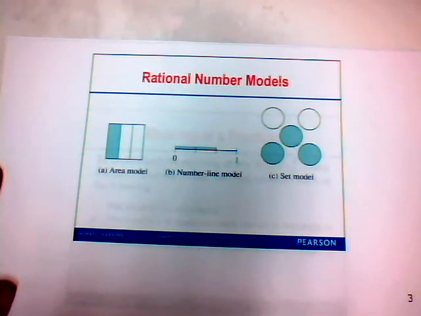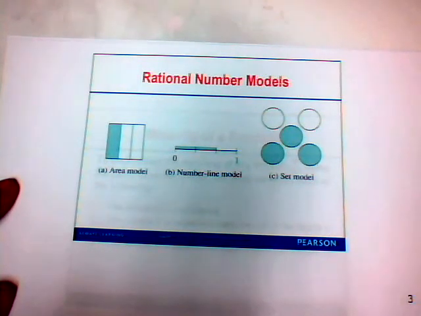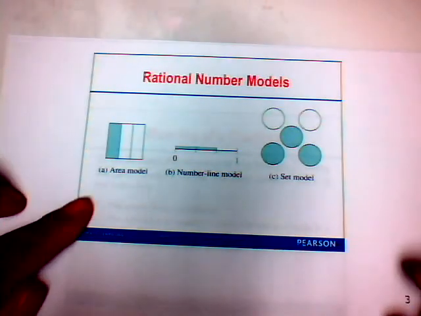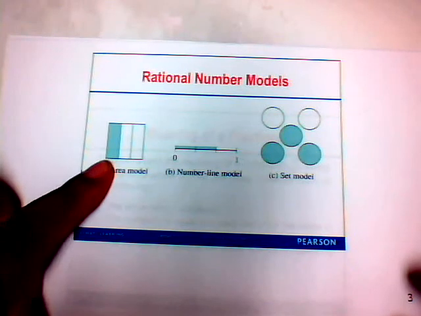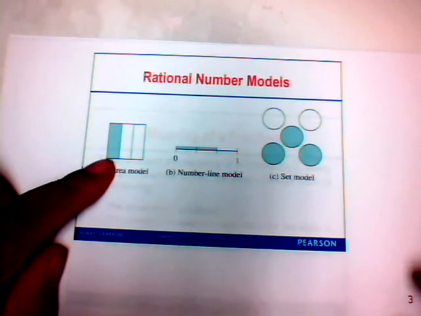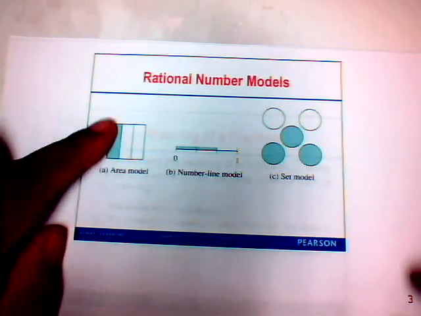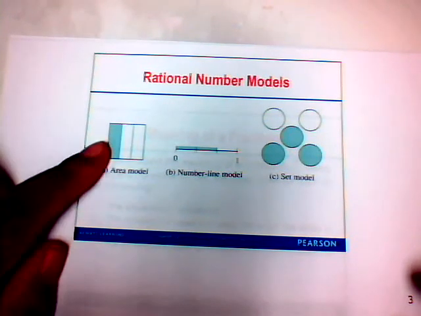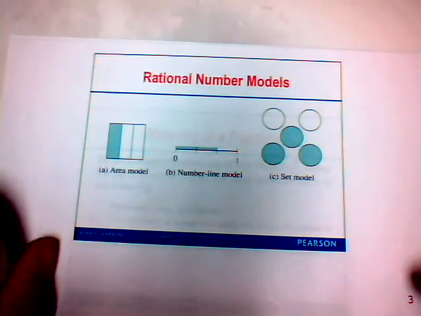Okay, and here are three different models for rational numbers. One of them is the area model. Here in this case, we've got a four-sided figure that's divided into 3 equal parts, and one of those equal parts is shaded.